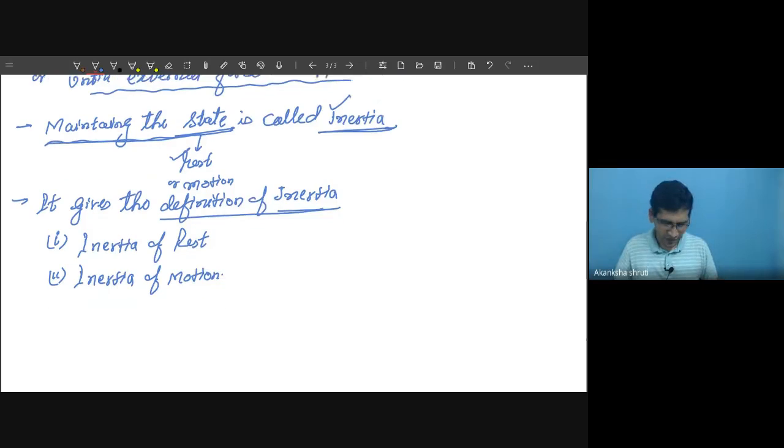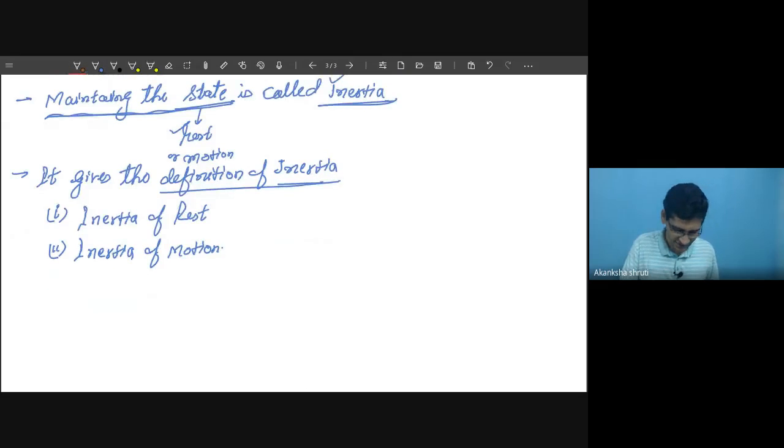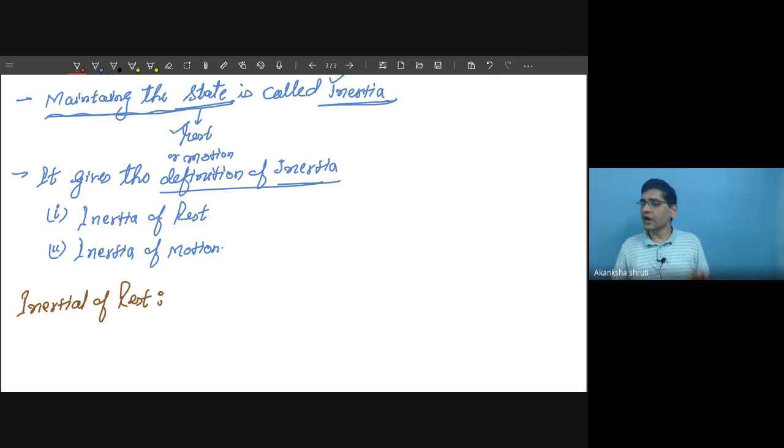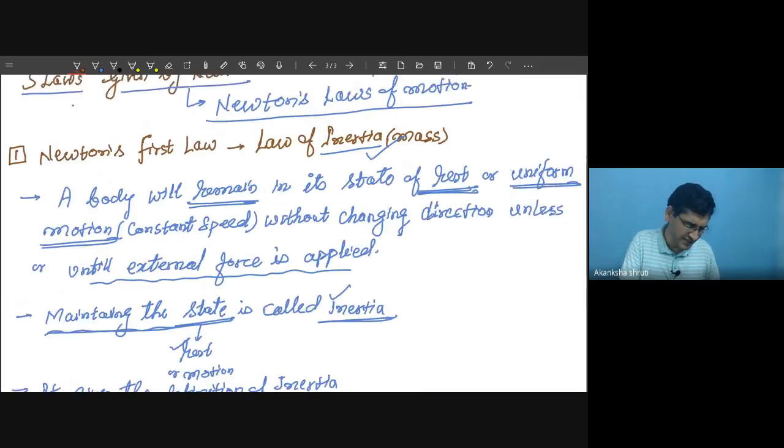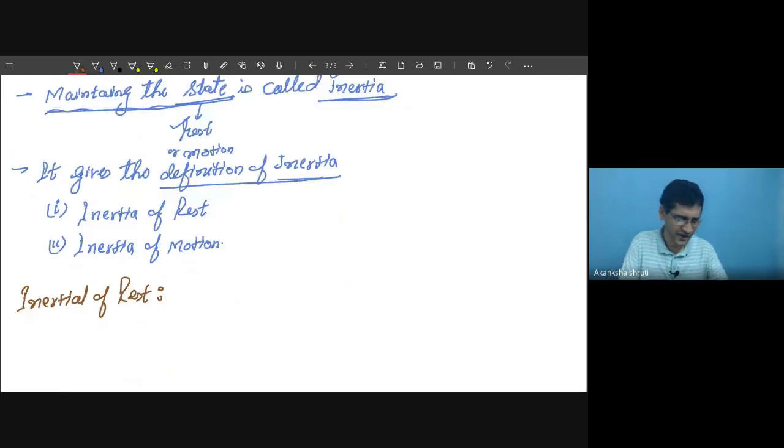What is this inertia of rest? Students, write this. Inertia of rest. Students, this inertia of rest is the observation or conclusion or outcome of Newton's first law. So we are discussing this first law. Under this first law, we are defining this inertia of rest. This inertia of rest tells that a body at rest will remain at rest.